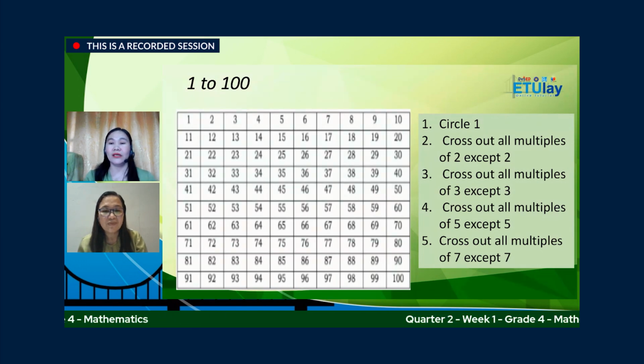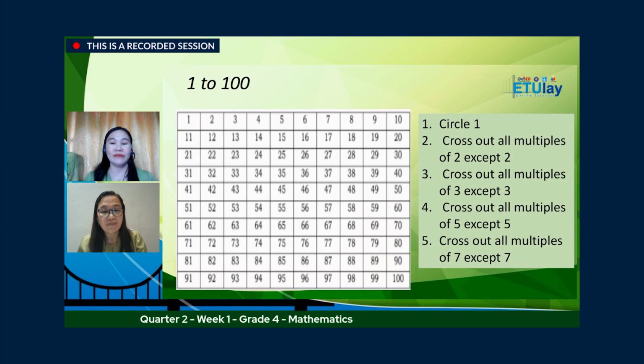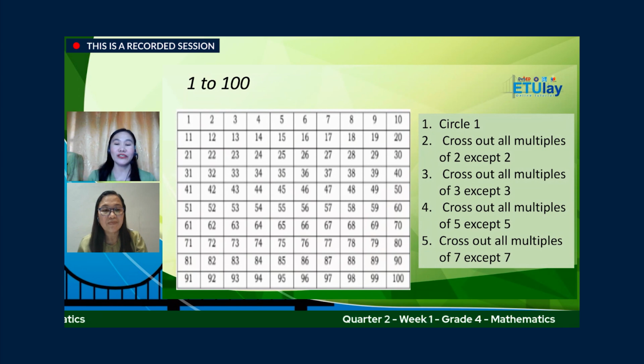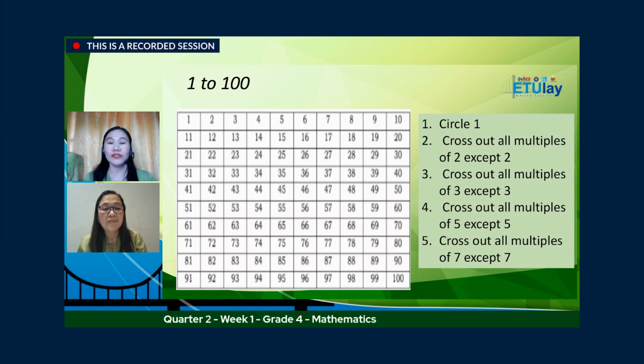Number 3, cross out all multiples of 3 except 3. Number 4, cross out all multiples of 5 except 5. And the last instruction, number 5, cross out all multiples of 7 except 7.